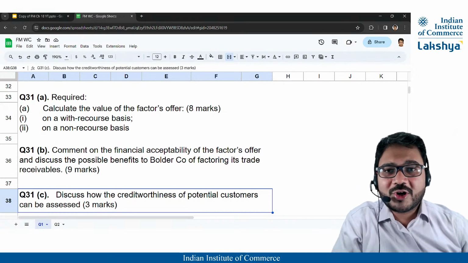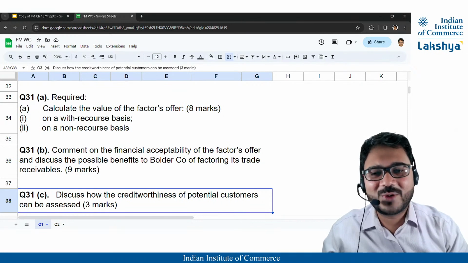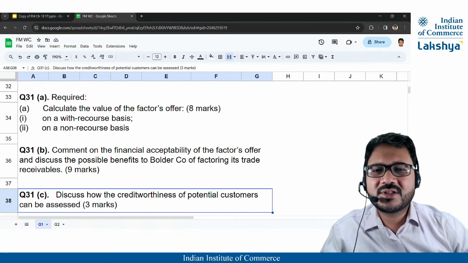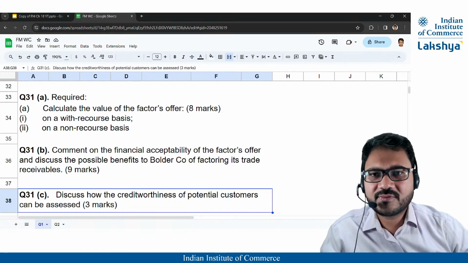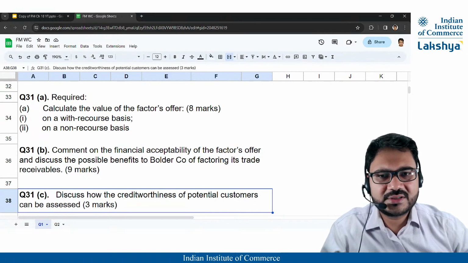Again, you do not write just these one or two words. You need to explain in one sentence. It's just 3 marks. So you can write 3 to 4 sources through which you can assess creditworthiness.